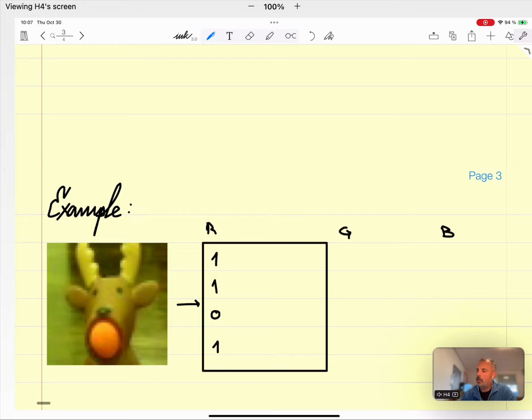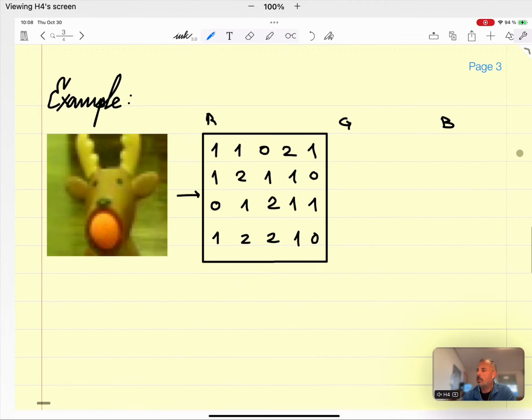This is done with the computer. I just want to explain the concept. 2, 1, 1, 0, 1, 2, 1, 1, and 1, 2, 2, 1, 0.